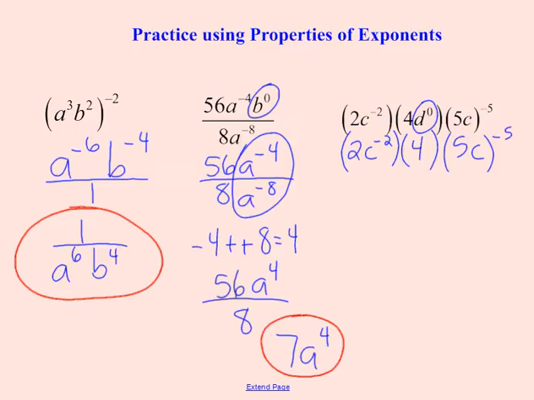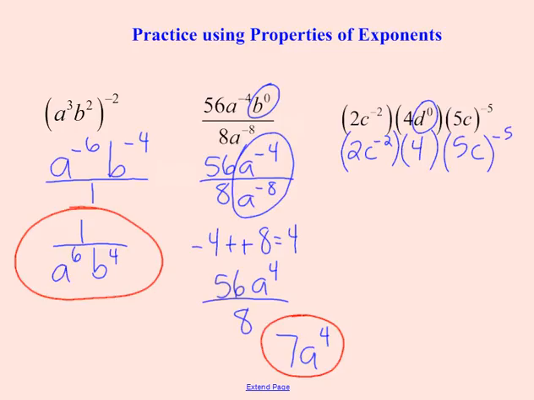Okay. Next thing that I see some negative exponents, but I'm not going to do anything with those yet. What I'm going to do next is I'm going to use the power rule over here with our exponent of negative 5, because I have the exponential expression 5c being raised to an exponent.